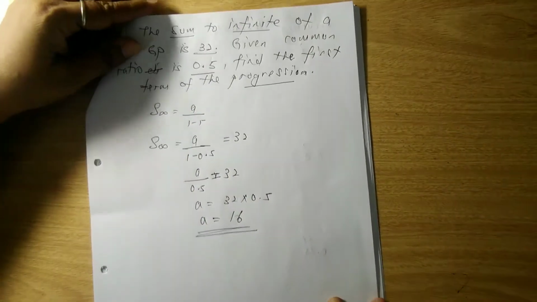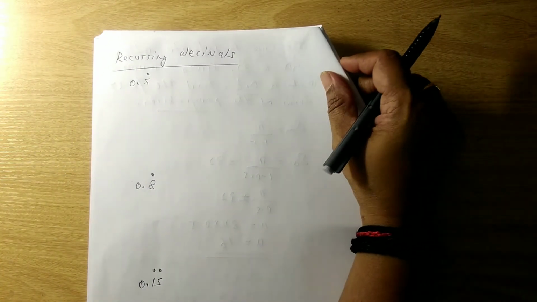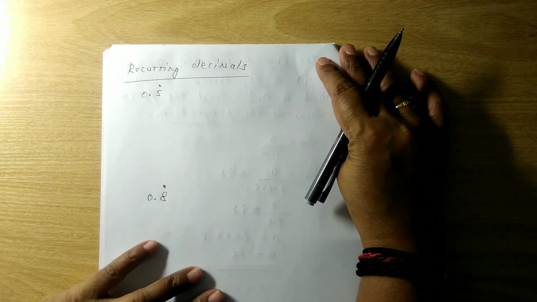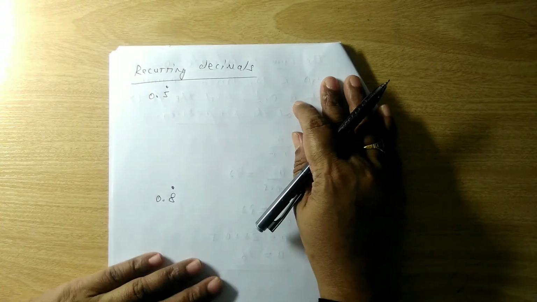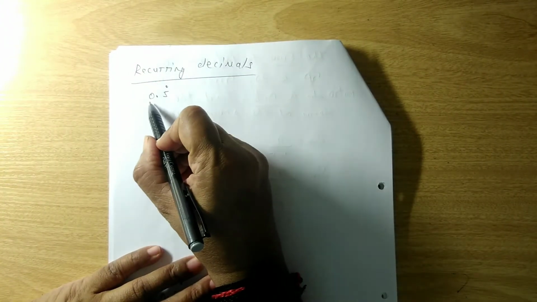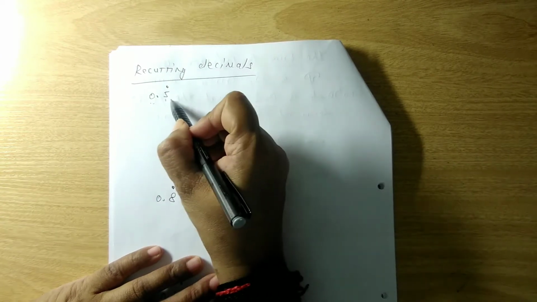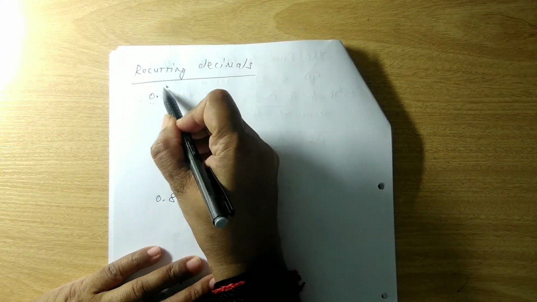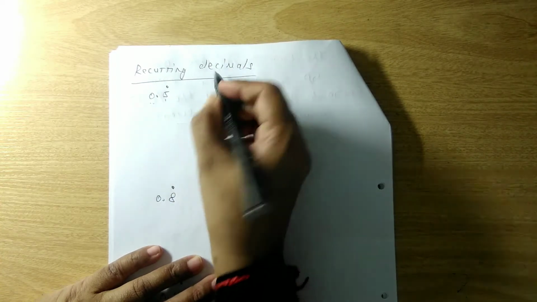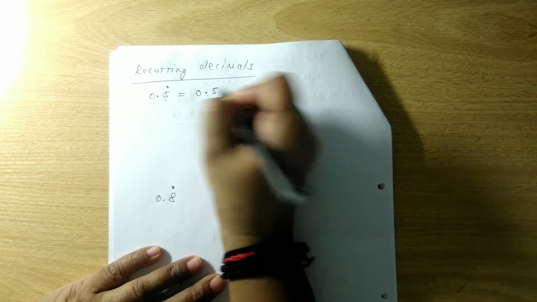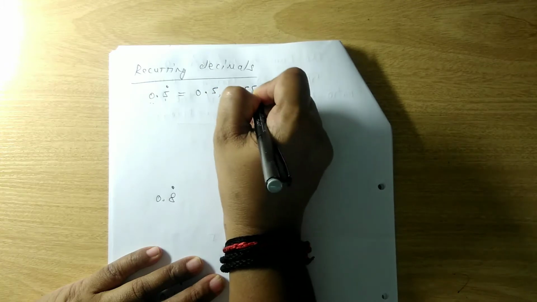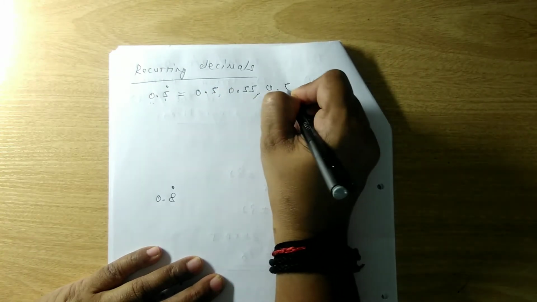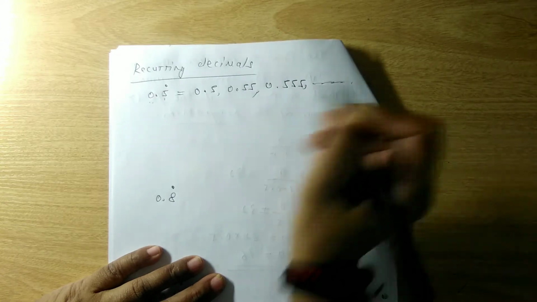One more question you can be asked is on recurring decimals. I'm sure you've seen this a couple of times. When you're doing progression, this is one symbol that you need to watch out for. For example, if you have 0.5 with a dot above the 5, it means the digit 5 is recurring, meaning it's 0.5, then the next one will be 0.55, the next will be 0.555, and so on.